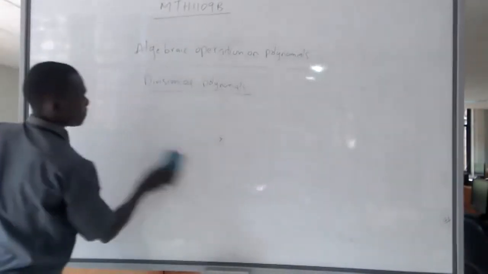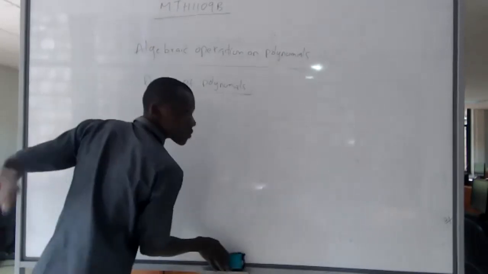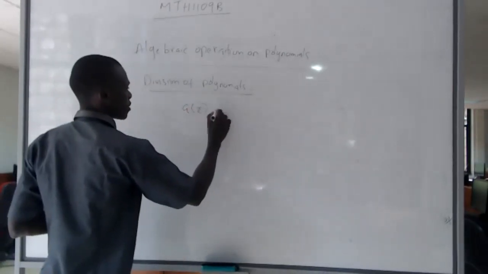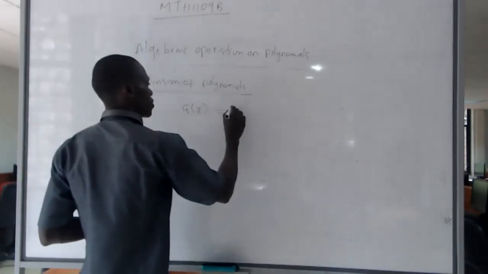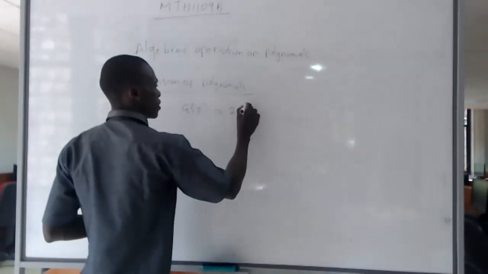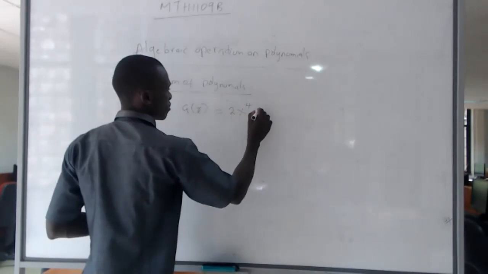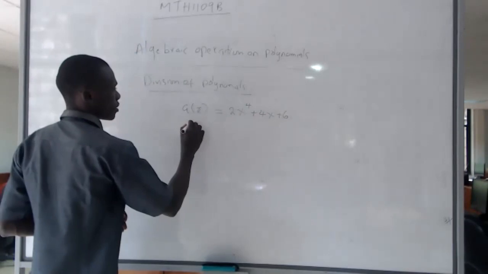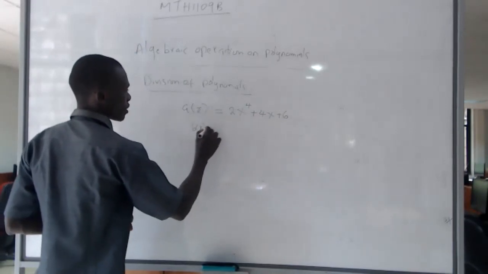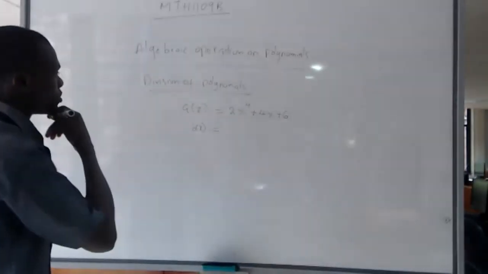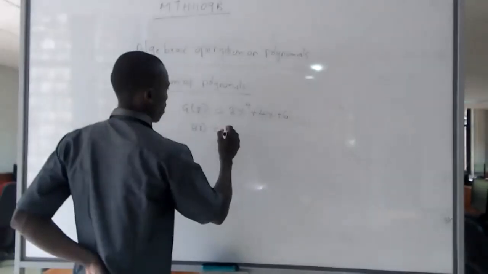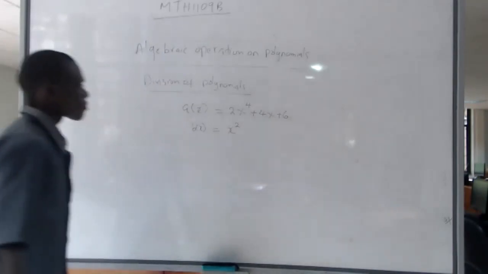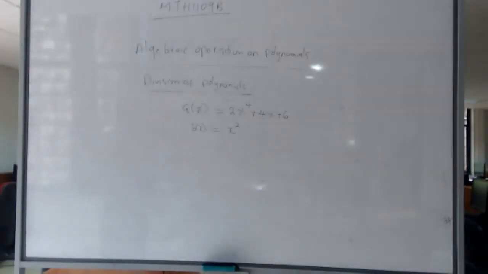For example, if you take a(x) as 2x to the 4 plus 4x plus 6, b(x) will be, let's say, x squared.